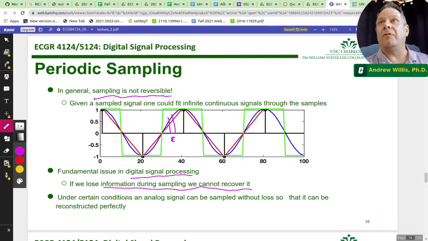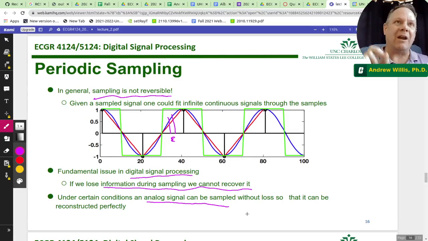So one of the fundamental outcomes of this course will be to understand that there are certain conditions where an analog signal can be sampled without loss. If we constrain how we sample and we constrain the structure of the signal, we can undergo the sampling process of digital signal processing and be able to reconstruct the analog signal without loss.